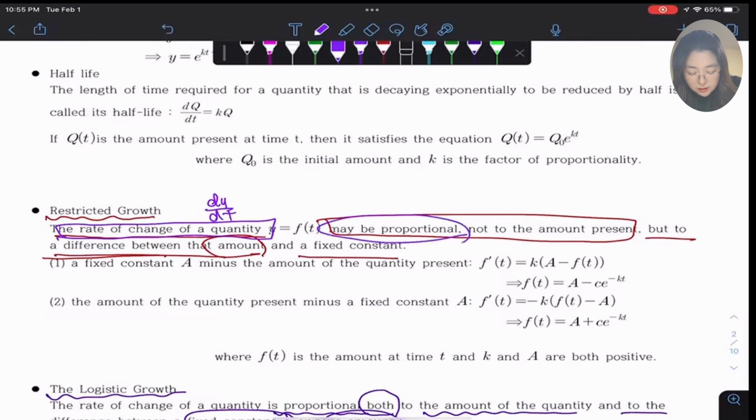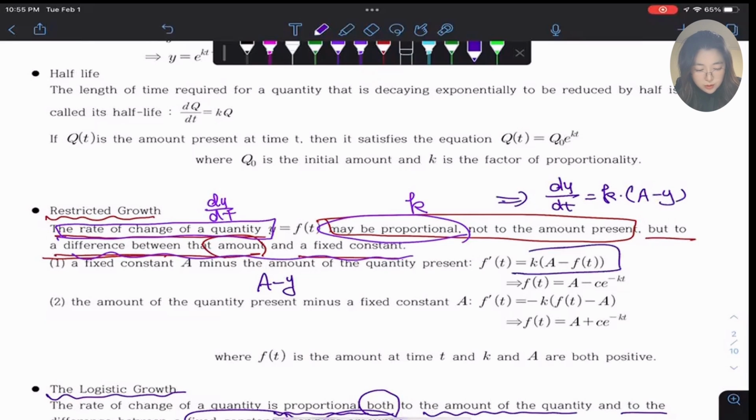This part is k. This part is A minus y. So I can rewrite dy over dt equals k times (A minus y). So you can get this function.